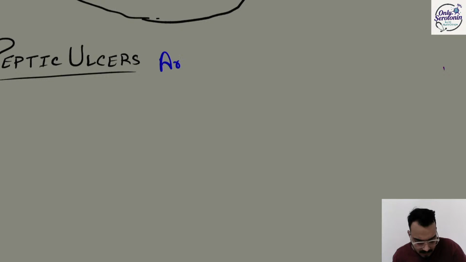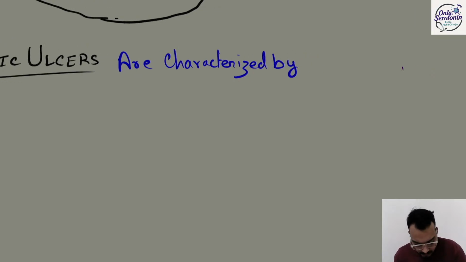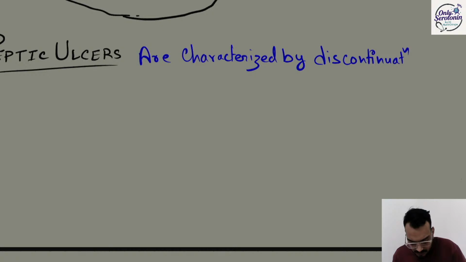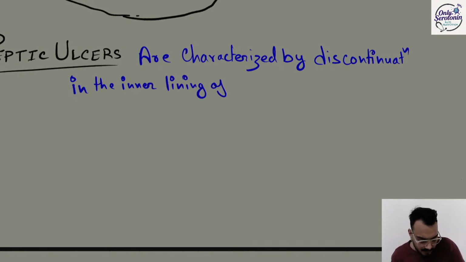Peptic ulcers are characterized by discontinuation in the inner lining of the GI tract. Okay, guys.